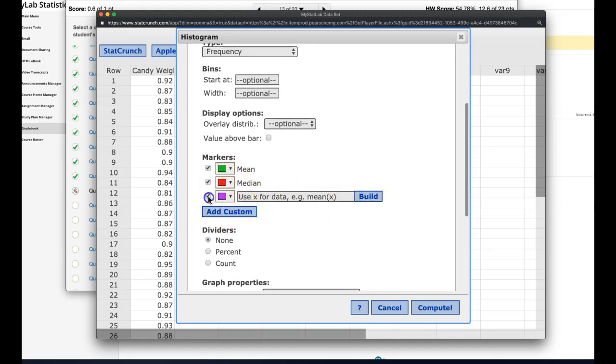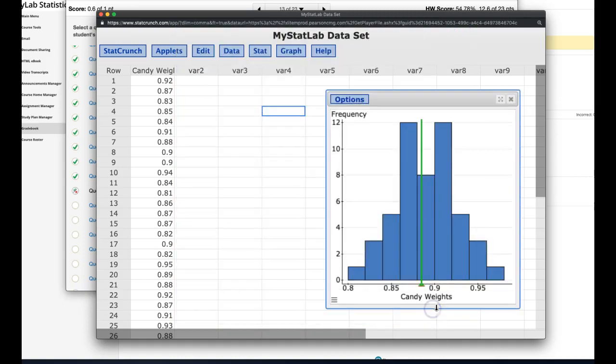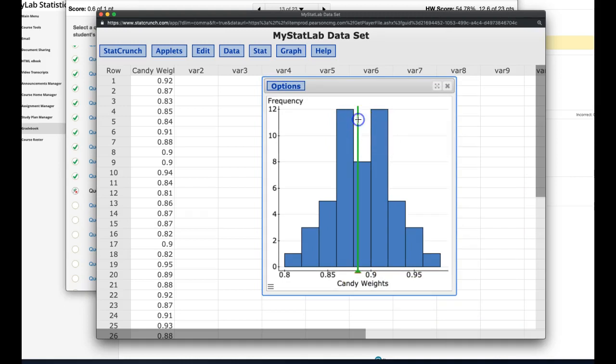So when you hit compute, you will see the mean and the median come up here on the graph. They're almost so close, it's hard to differentiate between the two in this case here. There it is, the mean and the median there.